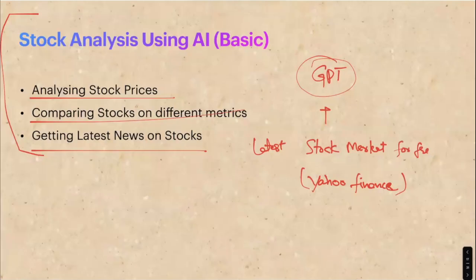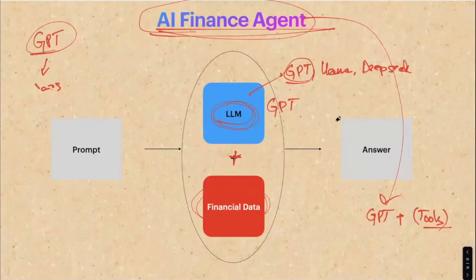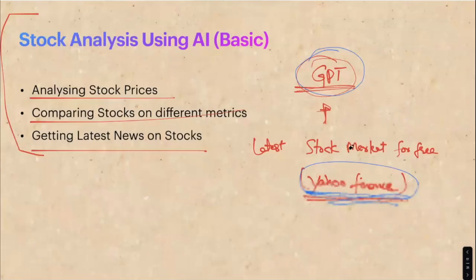So now my idea is, what if I take my GPT model and connect it to this Yahoo Finance library? If I connect my GPT model and the Yahoo Finance library, I would have solved this very first problem, which is having real-time access to data. If I can solve this issue, then I will be at a very good place to do all the rest of the things.